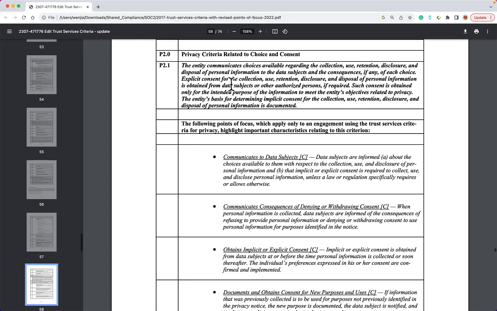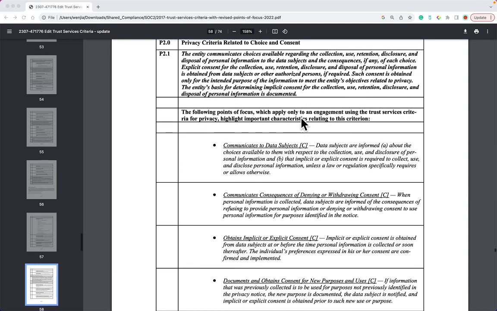Explicit consent for the collection, use, retention, disclosure, and disposal of personal information is obtained from the data subject, and the entity's basis for determining implicit consent for the collection, use, retention, disclosure, and disposal of personal information is documented.